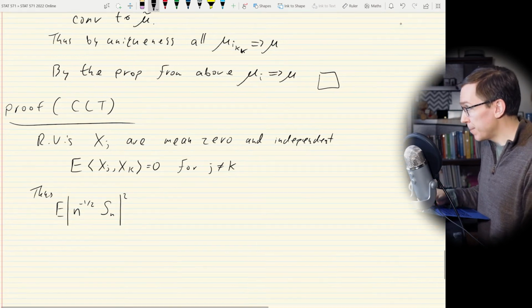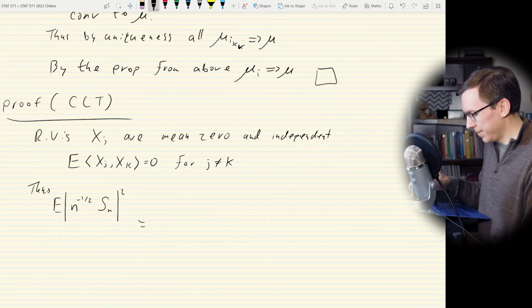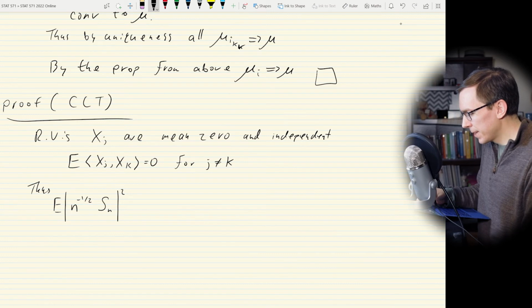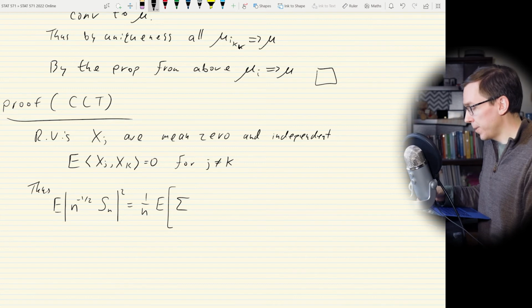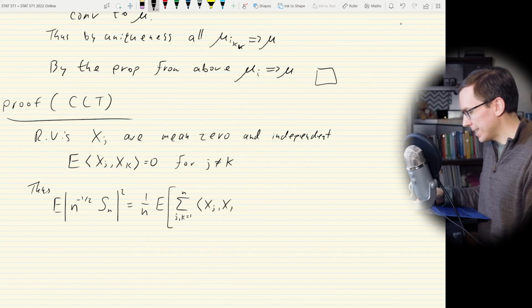What this is going to be is 1 over n times the expected value of the sum over j, k from 1 to n of X_j · X_k.